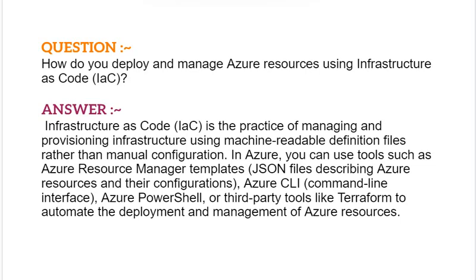In Azure, you can use tools such as Azure Resource Manager templates, JSON files describing Azure resources and their configurations, Azure CLI, that is command line interface, Azure PowerShell, or third-party tools like Terraform to automate the deployment and management of Azure resources.